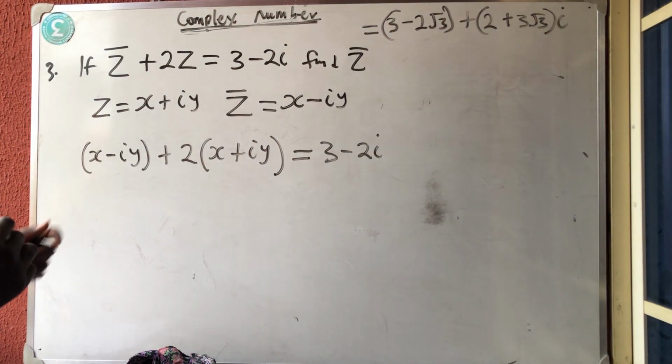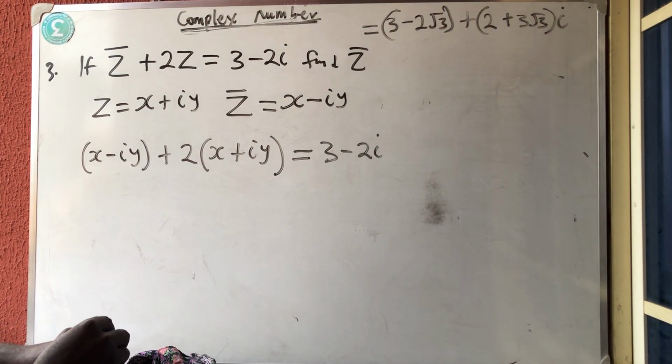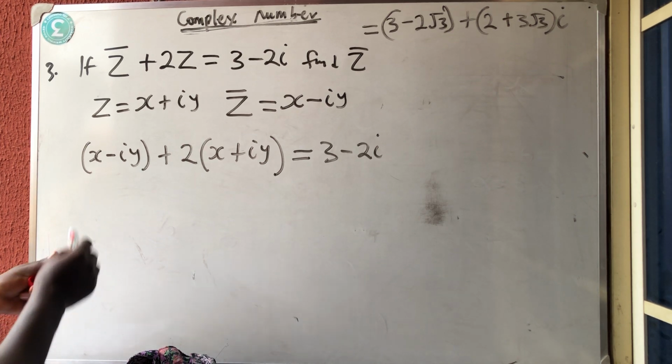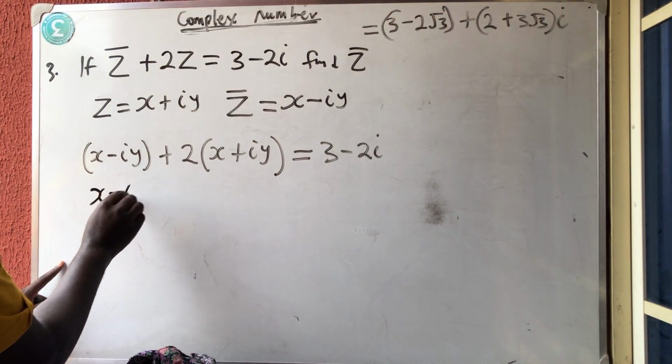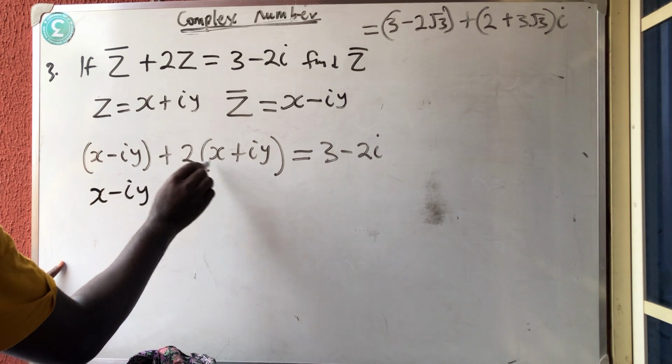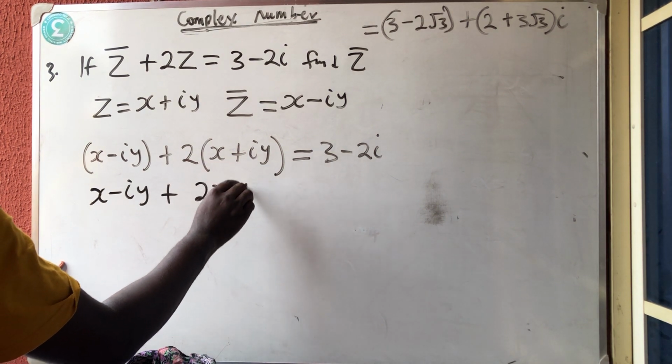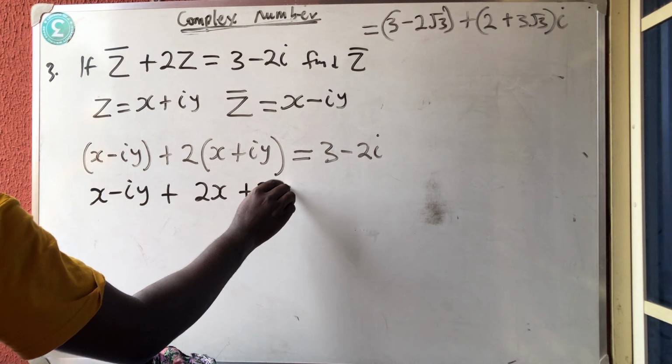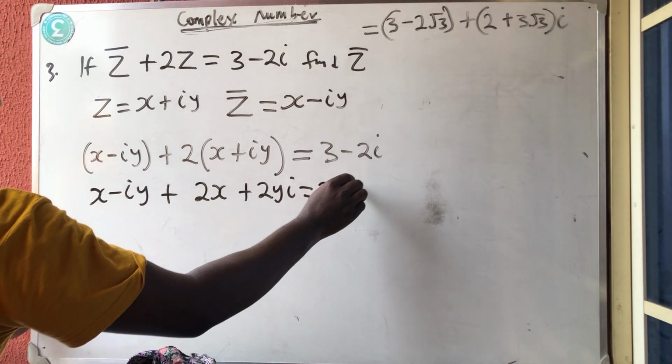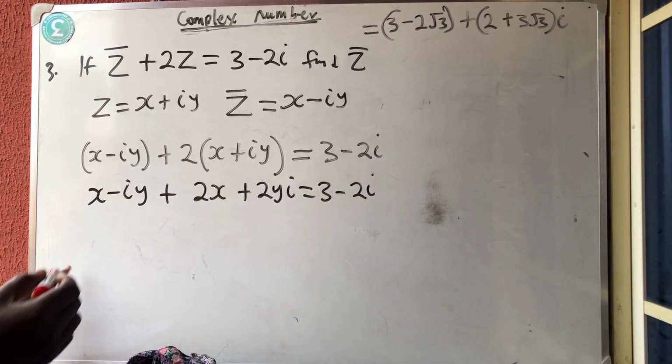Okay, so let us clear the bracket. We now have x minus iy plus 2x plus 2yi is equal to 3 minus 2i.